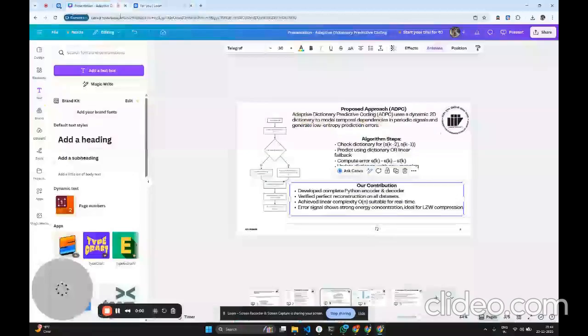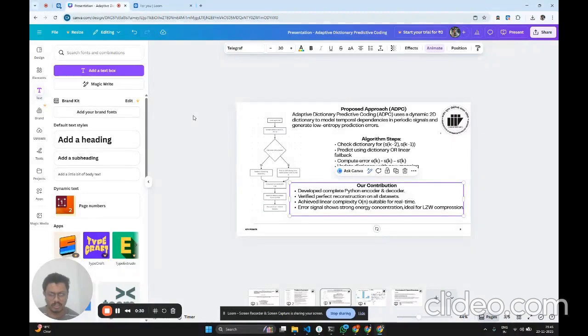Thank you. The proposed method is adaptive dictionary predictive coding, ADPC. ADPC predicts the next value of the signal using the previous two samples, and it does this through a two-dimensional adaptive dictionary. If the dictionary already has an entry for the previous two samples, the prediction is s prime of k equals d of s of k minus 2, comma s of k minus 1.